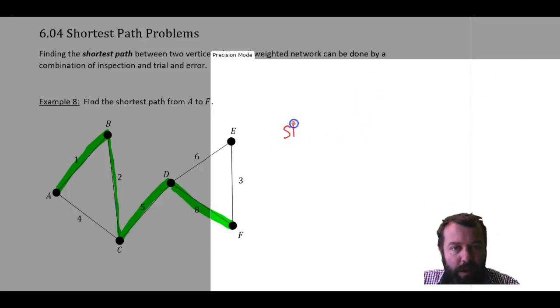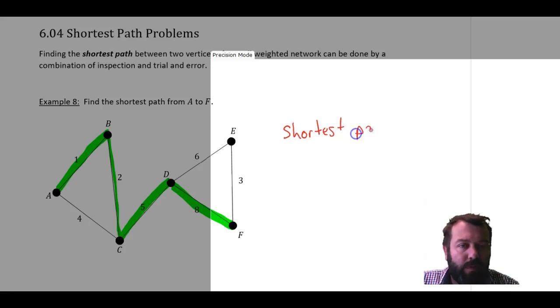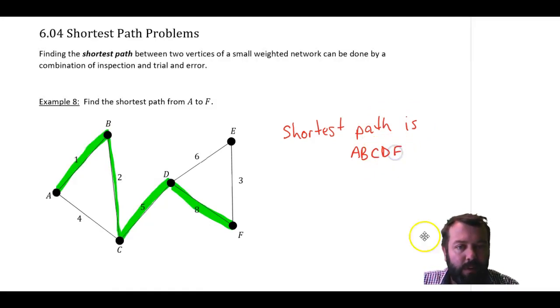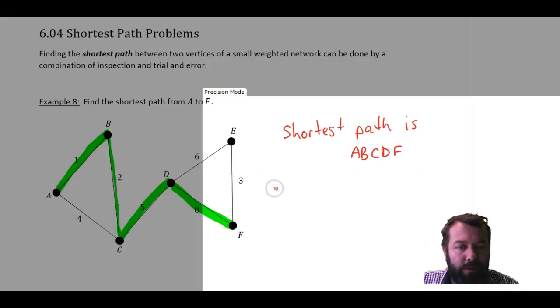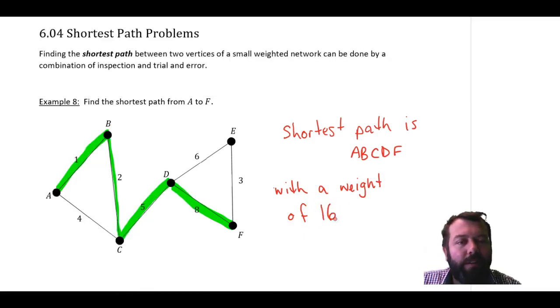The shortest path is A, B, C, D, F, with a weight, we should say. It's not necessarily a length. With a weight of, yeah, 1 plus 2 is 3, plus 5 is 8, plus 8 is 16. Okay, that's the shortest path from A to F.